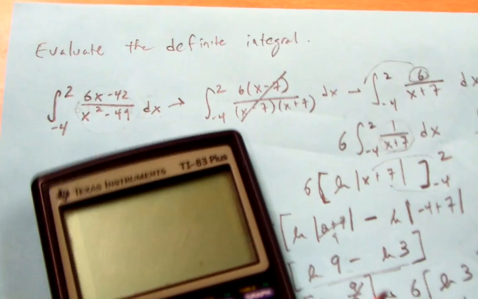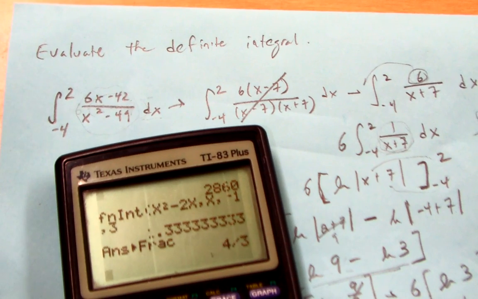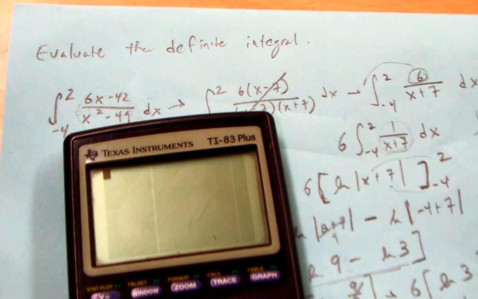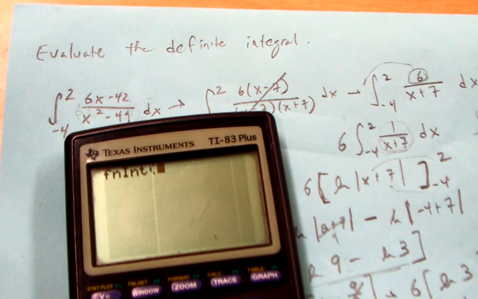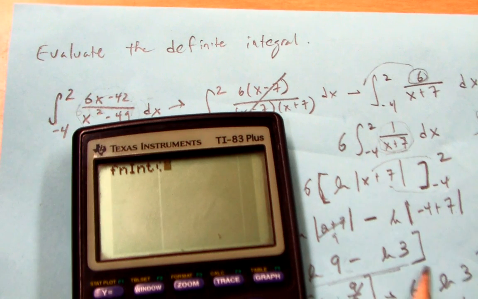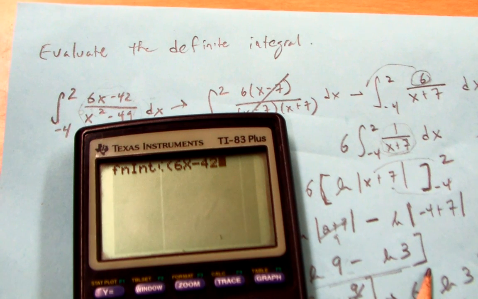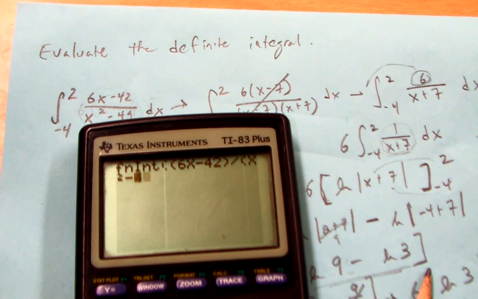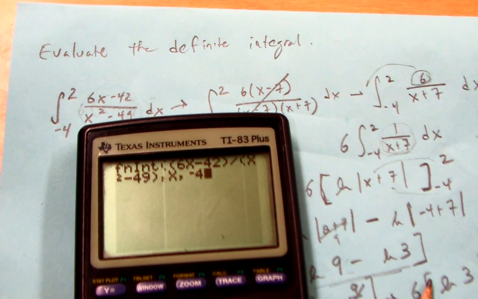I'm going to go to my calculator, and I'm going to take the definite integral of the numerator 6x minus 42 over x squared minus 49 with respect to x, from -4 up to 2.